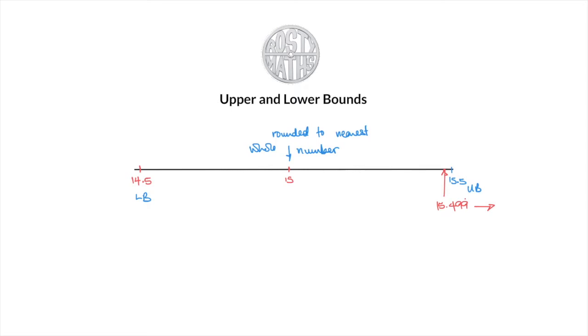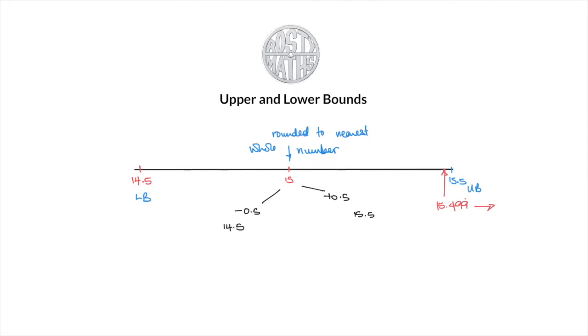So here is the hack, here is the shortcut version of it. Check to see how the number has been rounded. If it's the nearest whole number, then the nearest whole number is 1 unit. You add 0.5 to 15 to get the upper bound, so that's 15.5. You subtract 0.5 from 15 to get the lower bound of 14.5.